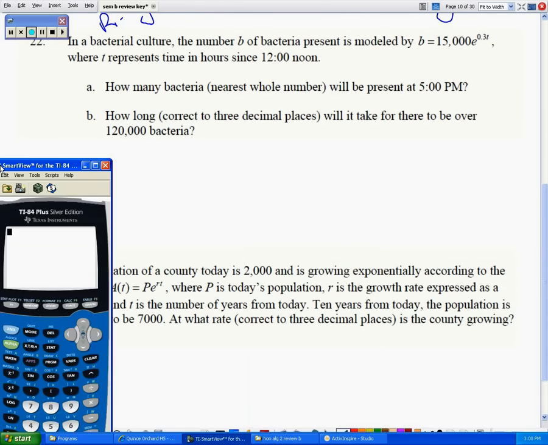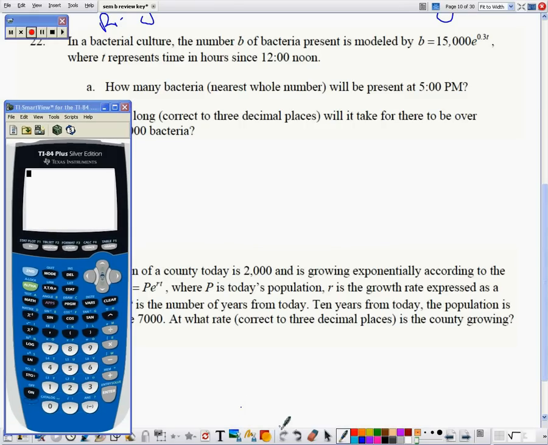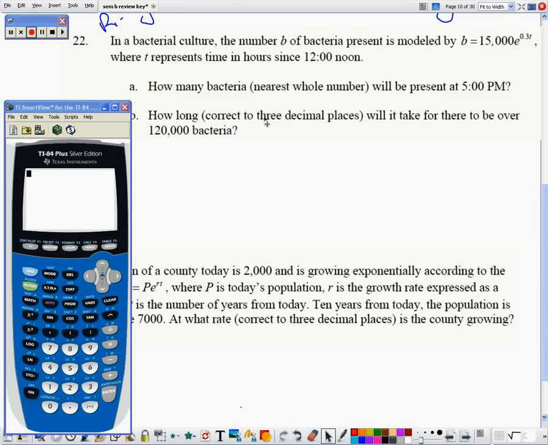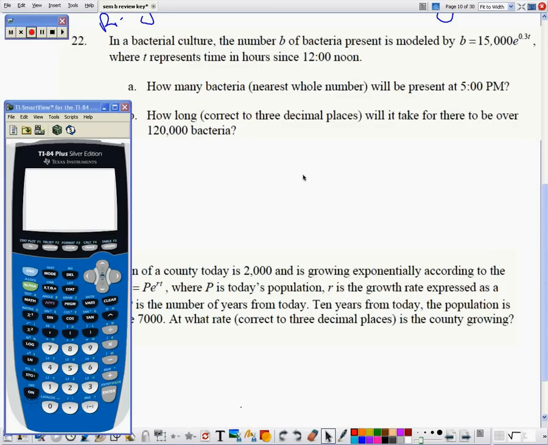Okay, we can use our calculator for number 22. 5 p.m. is 5 hours after noon, so we're going to plug 5 in for t. So b equals 15,000 e to the 0.3 times 5.